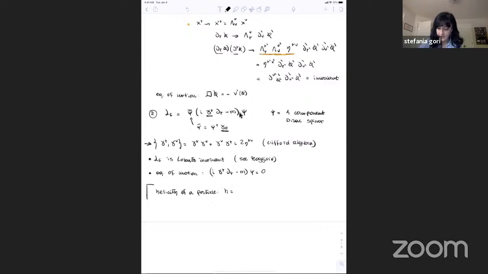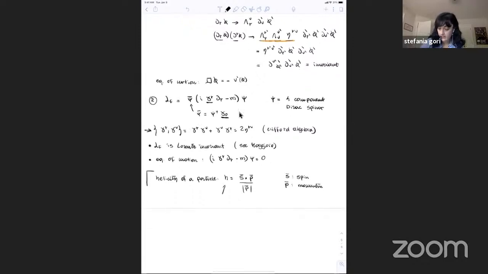This is defined as the product between the spin and the momentum, where S is the spin and P is the momentum. These are three-dimensional vectors, and we are used to normalizing this with the absolute value of the momentum. It's easy to demonstrate that this quantity is actually not Lorentz invariant. So if you choose a different Lorentz frame, you will get a different answer.